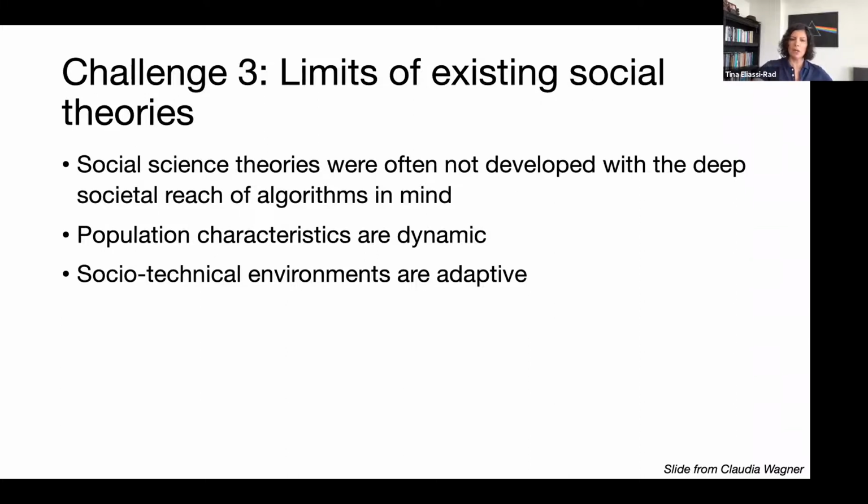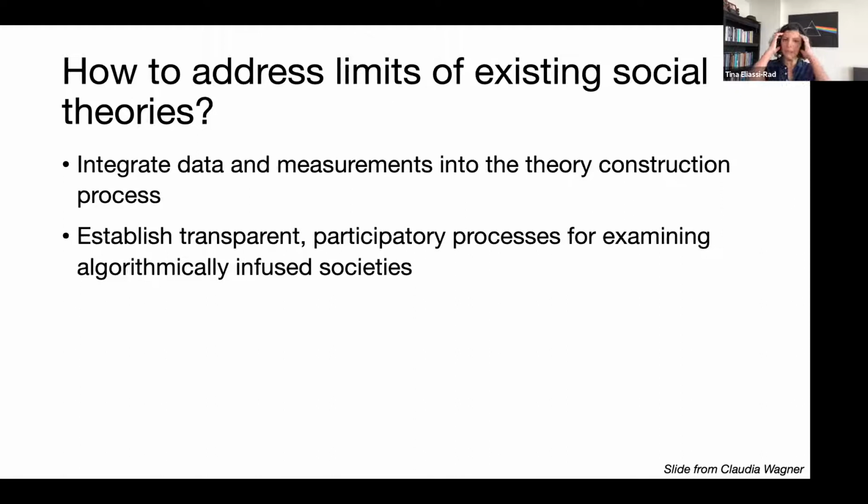And so to overcome this last one, you need to think about, again, the data, the measurement, the theory all at once. You need to be transparent. You need to have a process where whoever you're targeting will be part of that. So this kind of participatory processes for our socially infused societies.